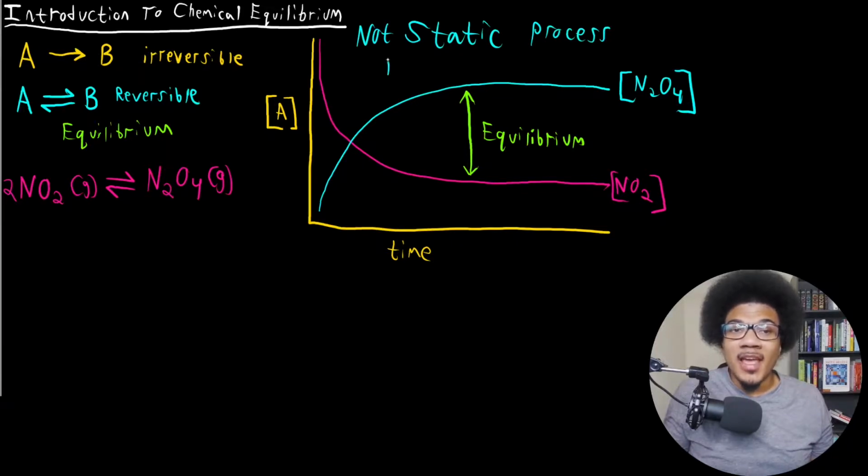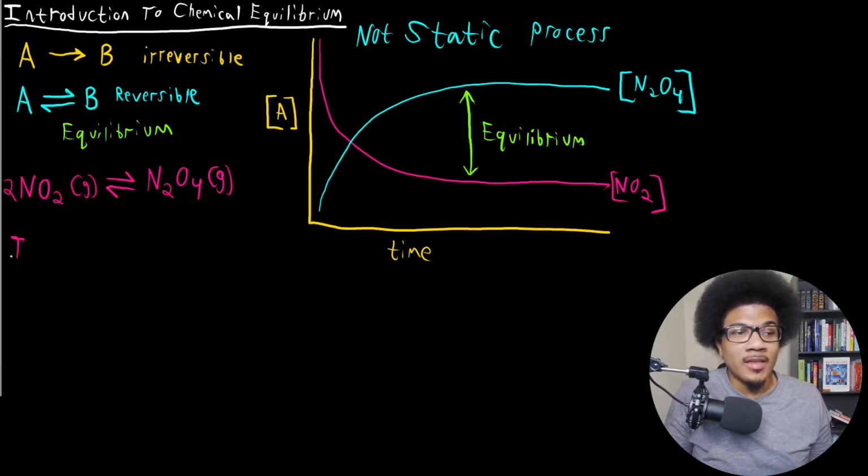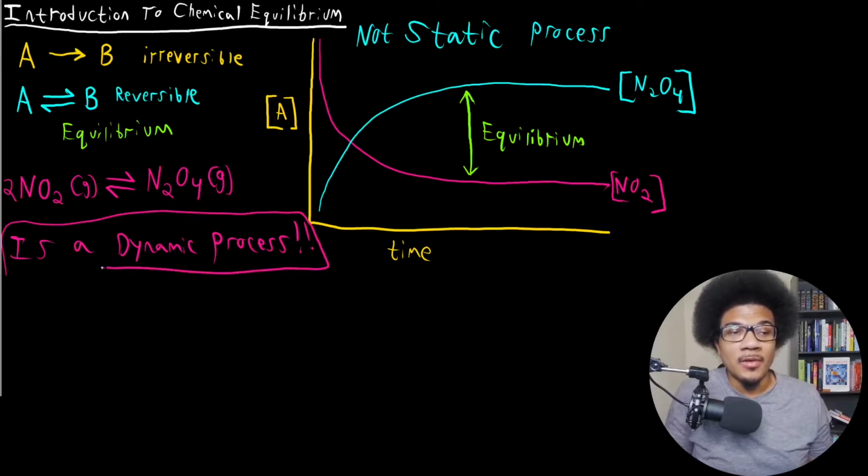Equilibrium is a dynamic process, so there's still activity going on. There's still stuff going on at the molecular level. There's still N2O4 being produced. There's still NO2 being produced, but it's at a point where the concentrations remain consistent.